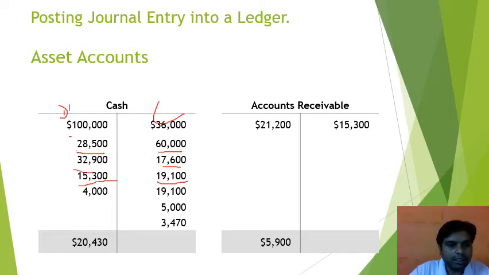Mistakenly I forgot, 32,900 also was received through the service, so we have also written it on the debit side. Now 4,000 was again received on Jan 25 as an advance, so again we have written it on the debit side.